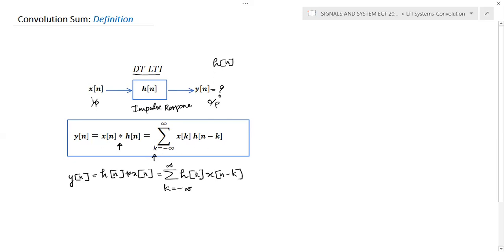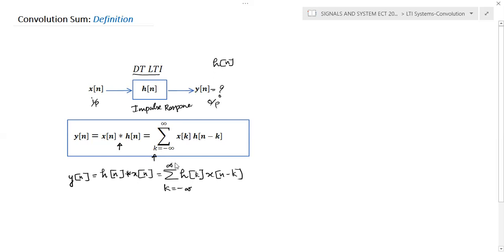Either you can write x of n convolution h of n, or h of n convolution x of n, but when you evaluate, there is a slight difference. If you write x of n convolution h of n, it should be x of k into h of n minus k. If you write h of n convolution x of n, we perform h of k into x of n minus k, in this particular format.